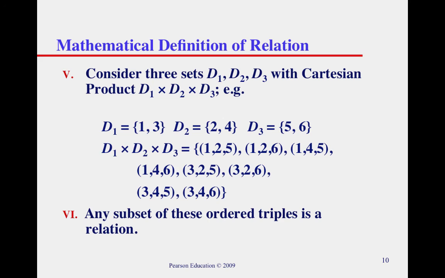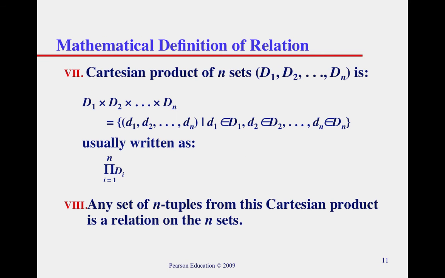This would be a relation with 3 domains. And again, the Cartesian product you see there is the universe of all possible tuples. And then a valid relation would be any subset of these ordered triples. And finally, we generalize up to an arbitrary relation of size n attributes. And we take the cross product, and that is usually written using the notation you see there.